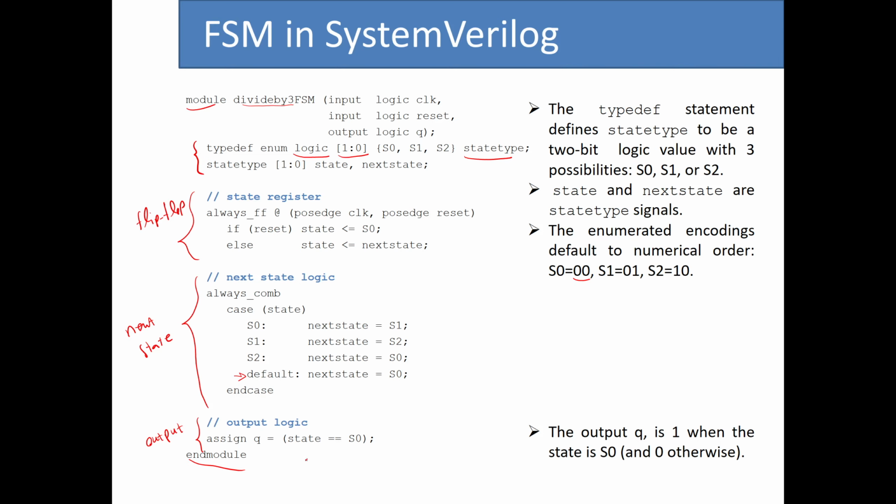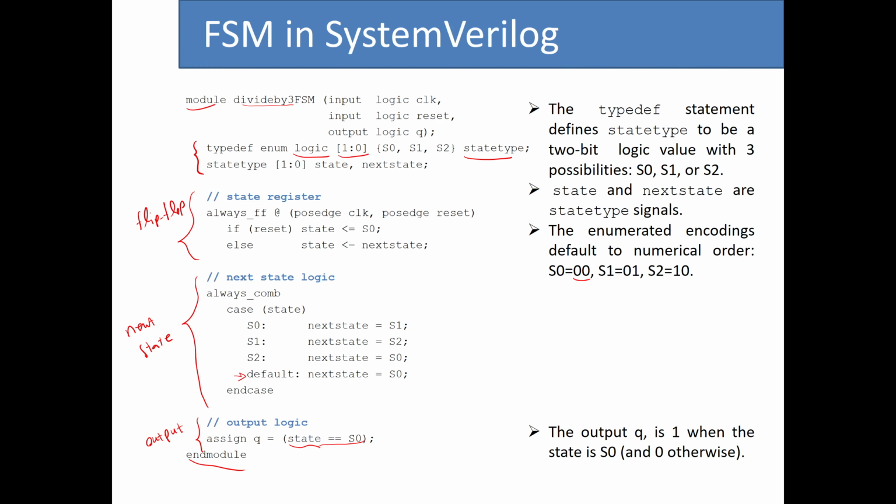But this is another way of implementation too. Here what happens is that we just check whether state equals S0. You see we have two equal signs. This is for checking whether two variables are the same. Don't confuse this with assignment, right? So when these two states are the same, the value of this parenthesis is going to be true, and that value is going to be assigned to the output Q.